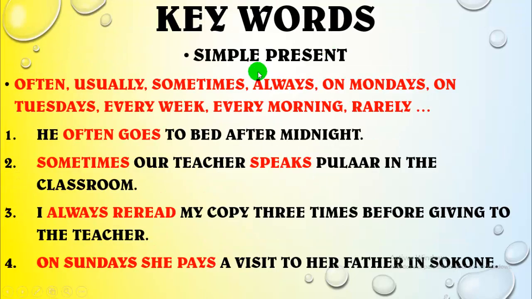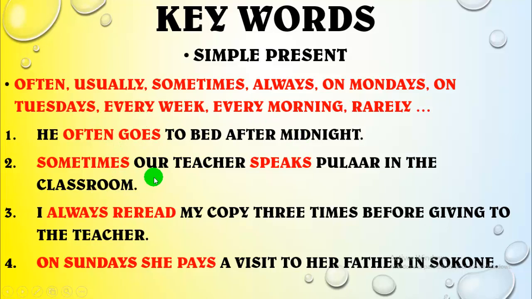Some keywords to help you better judge whether it is simple present or present continuous. You have here often, usually, sometimes, always, on Mondays, on Tuesdays, every week, every morning, rarely, never, etc. He often goes to bed after midnight.